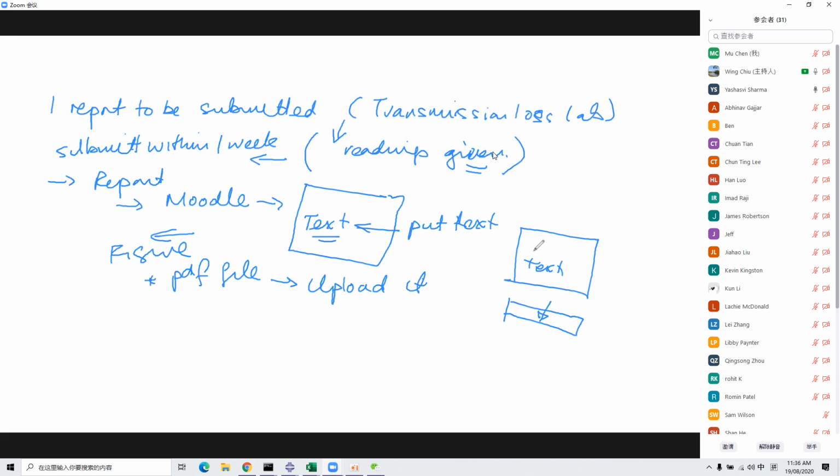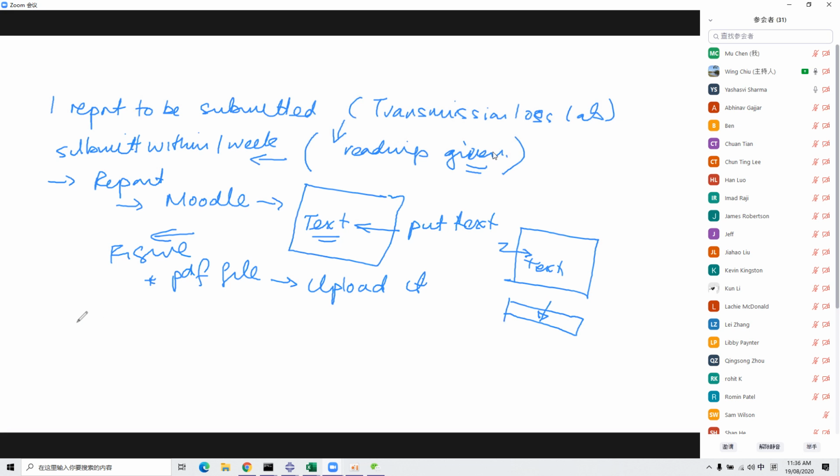Please, I have deliberately limited the number of lines in this text box. There's no need to put lots and lots of text, just be clear and concise.